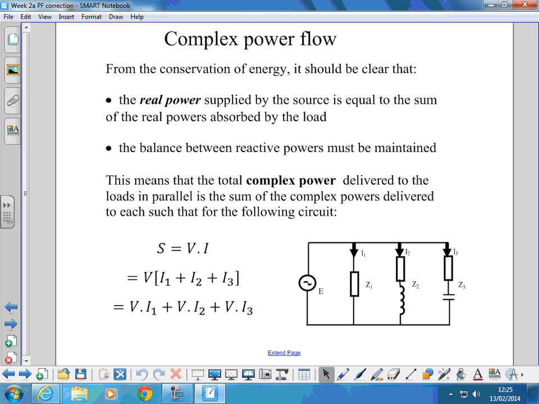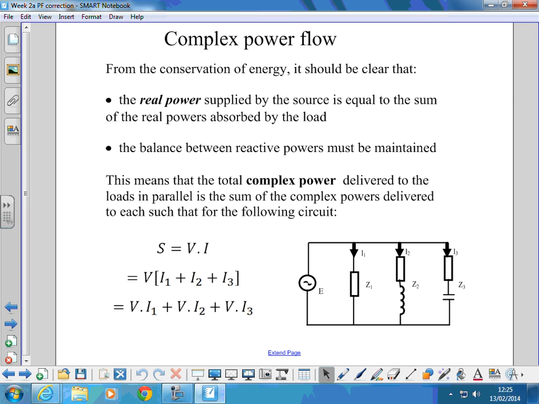So the real power supplied by the source, that's the watts, is equal to the sum of the real powers absorbed by the load, and the balance between the reactive powers is also maintained. This means the total complex power delivered to the loads in parallel is the sum of the complex powers delivered to each.